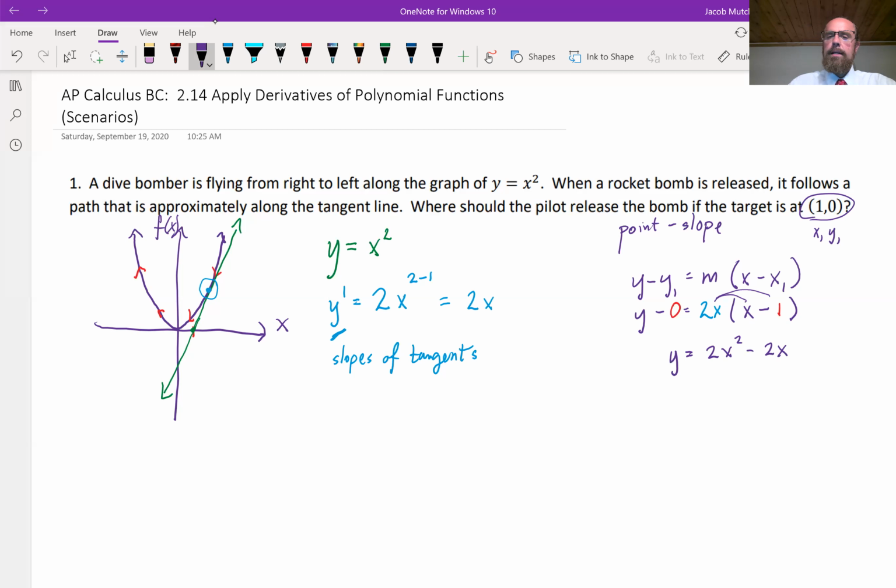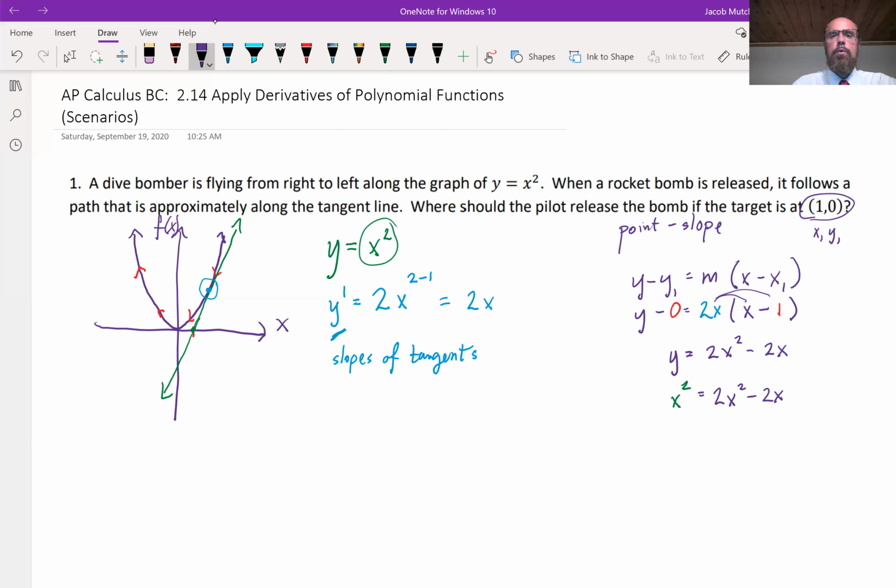One thing I can do here is note that I do know what y equals at that intersection of the tangent and the original curve. It equals x squared. So I'm going to make a substitution of x squared for y from my original function. So x squared equals 2x squared minus 2x.